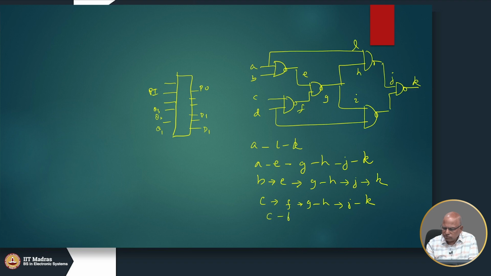Then C, F, G, I, L, K, that is another path. Then D, F, G, I, L, K. And finally D, M, L, K. So you can see there are many paths even in this simple circuit.